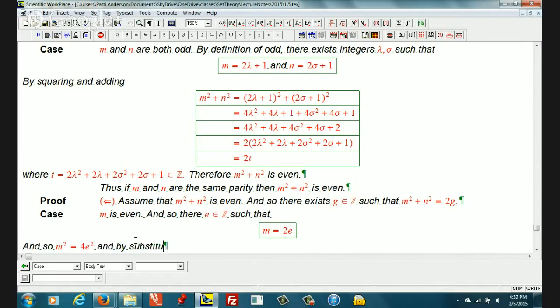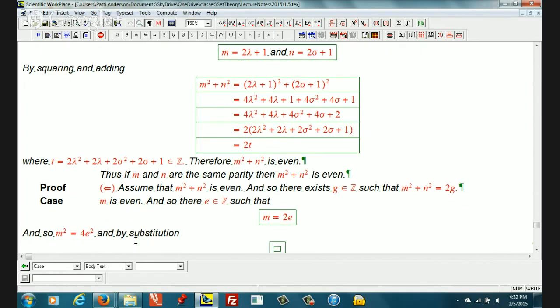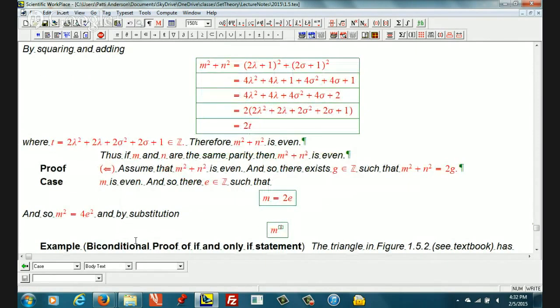And by substitution, we're going to have n squared, which is equal to, right?